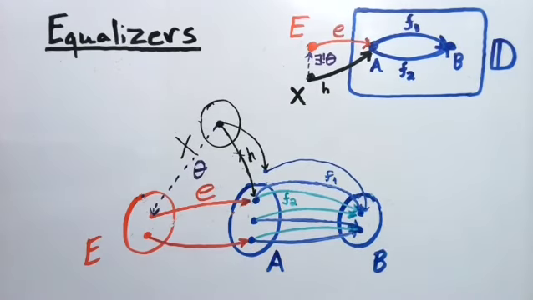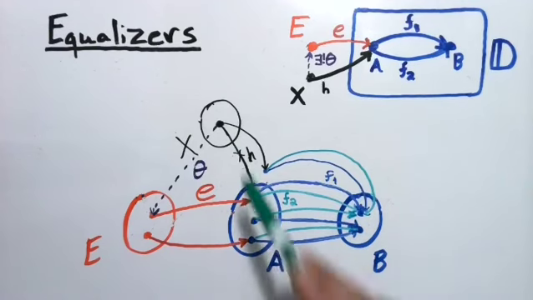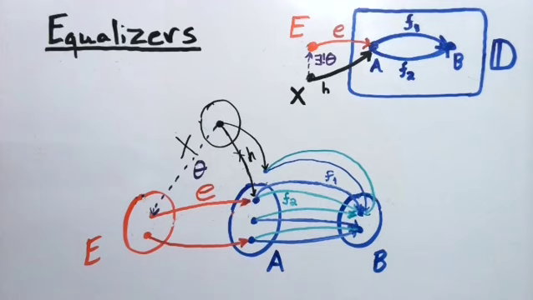And if that's the case, then this commutativity property didn't hold, we said, right? The triangle is broken here. So to deal with that, since we know that E is monic, we know that it's going to take on as many values in A as there are values in E, right?